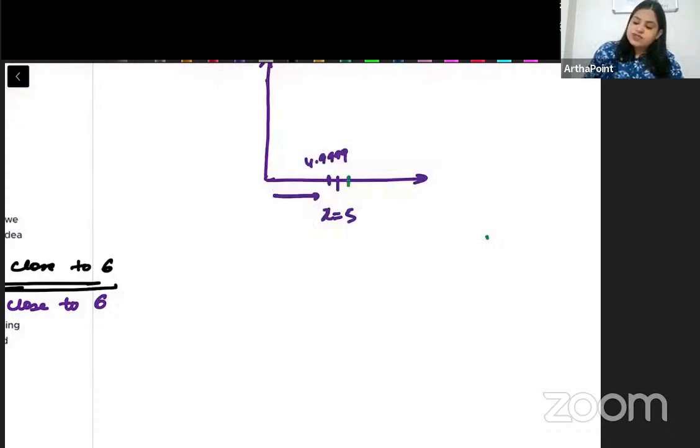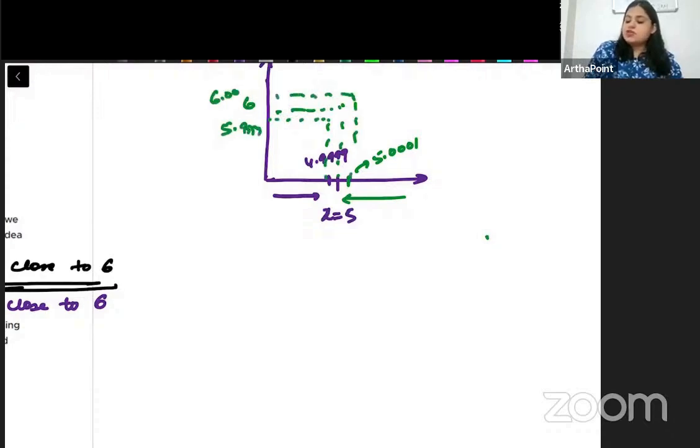I'm approaching 5 from this end. Let's say 5.0001. We notice that the value of the function approaches 6. Here the value of the function was 5.9999, and here it was 6.0001. So it is approaching 6 from both sides. It's getting closer and closer to 6.